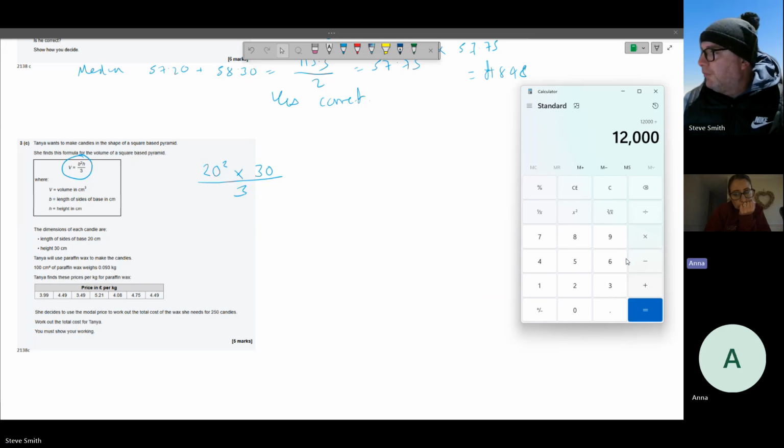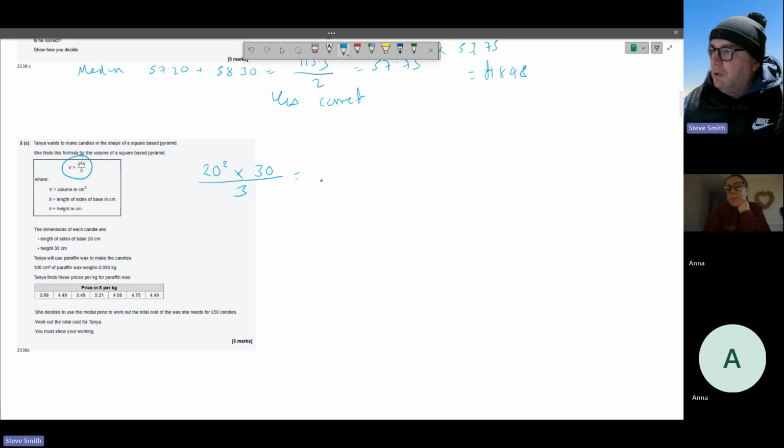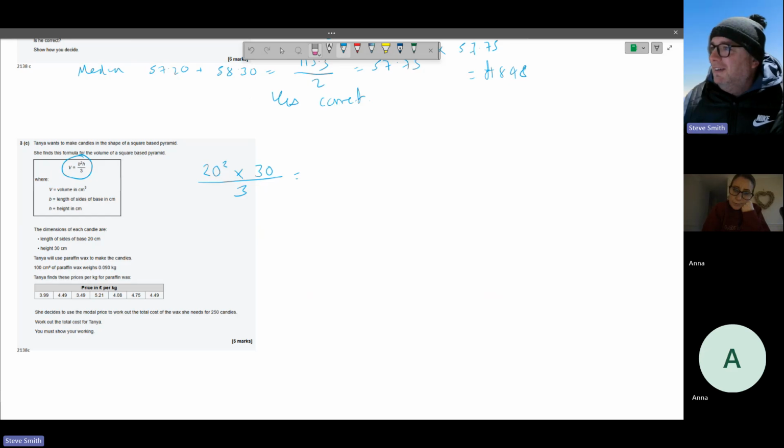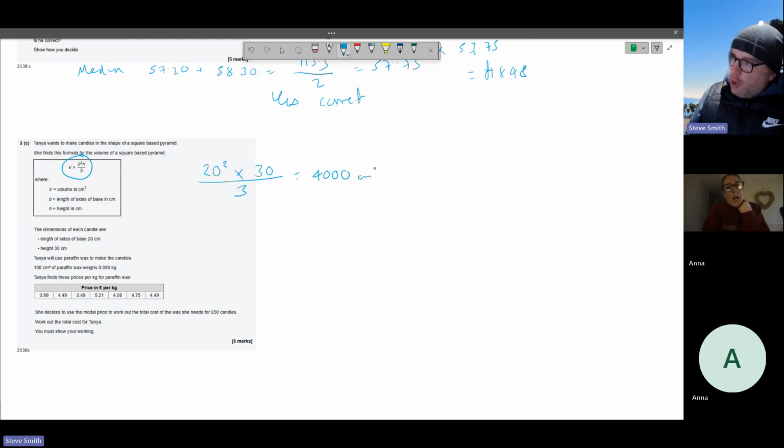And don't be afraid, we could have done that probably 2 times 2, and we could do it without a calculator, but to do it with a calculator, as long as you're putting the right buttons in and writing the right figures, you should have no problems. 4,000. So we know that each candle is 4,000 centimeters cubed.